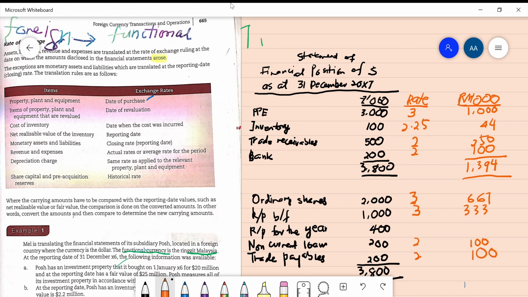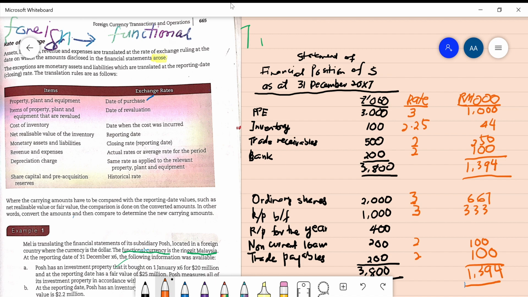Okay, so the balancing figure must be 1,394. So 1,394 minus 667 minus 333 minus 200, so 194.